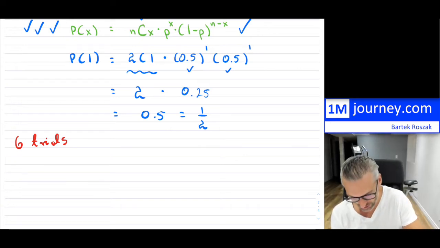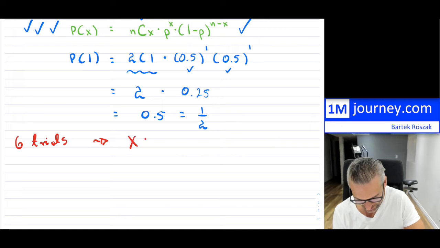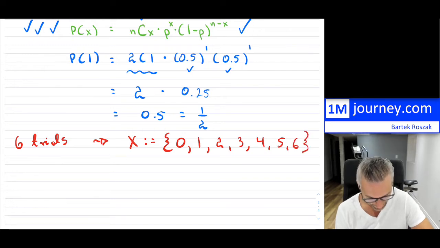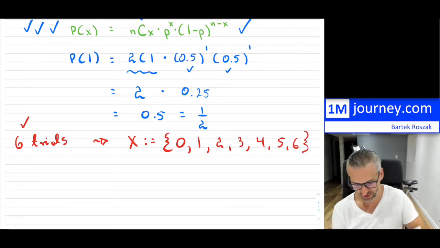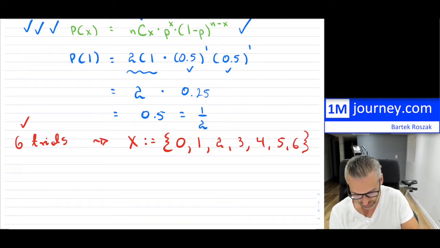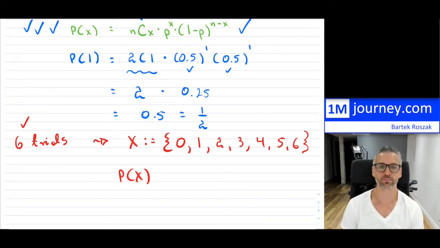Our x is either no heads at all, or we could possibly have 1 head, 2 heads, 3 heads, 4 heads, 5 heads, or 6 heads within 6 trials. Those are all the possibilities. And now we can map these to the appropriate probabilities and find out what the binomial distribution is.